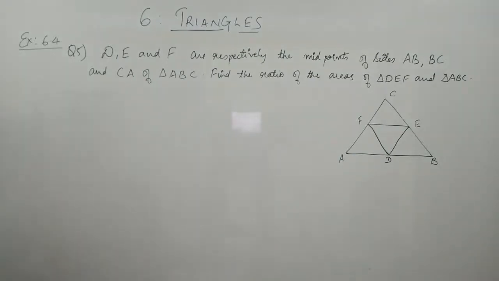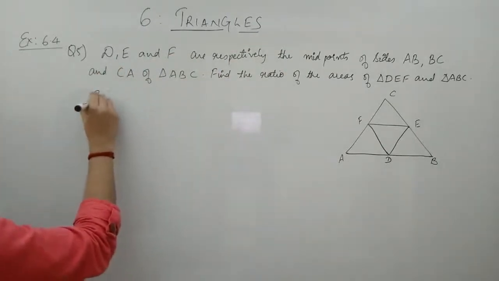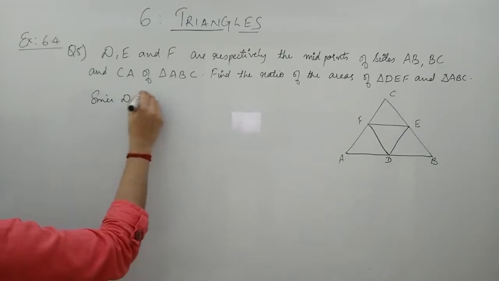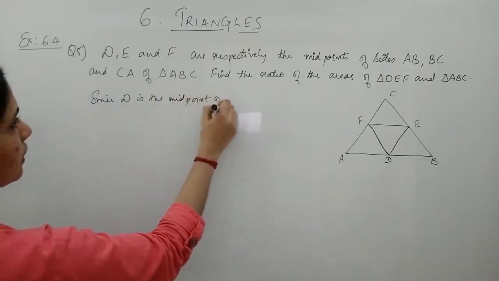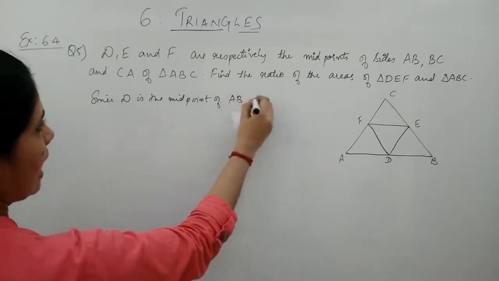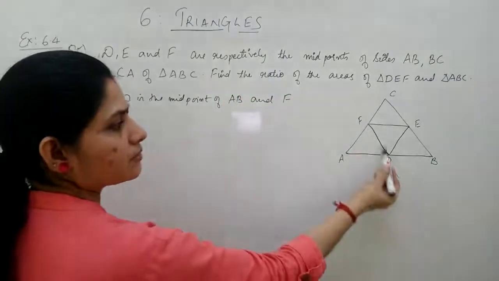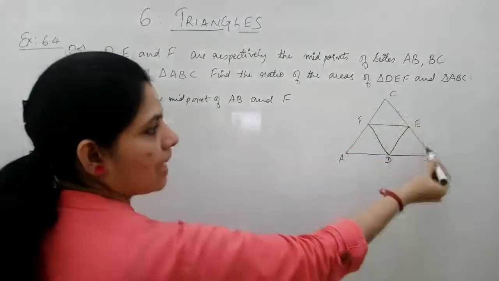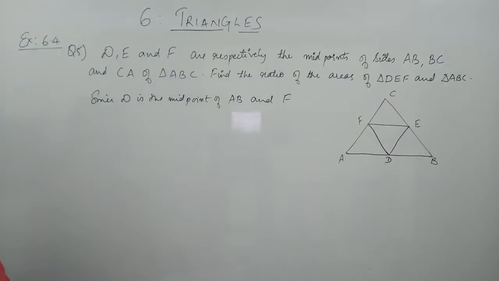So for that, first we are starting with the given concept, that is D is the midpoint of AB. And F, I am just showing this line which is parallel to BC and its length will be half of BC due to the midpoint theorem.